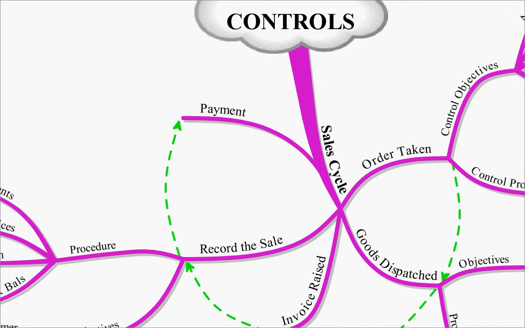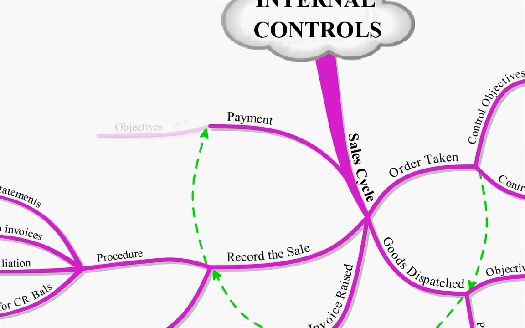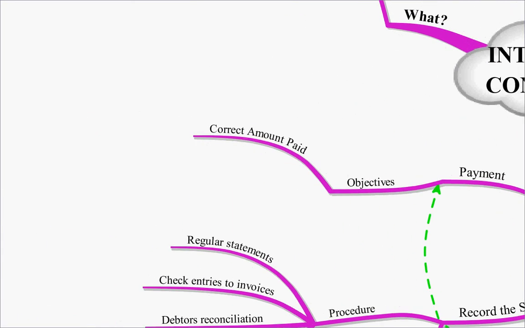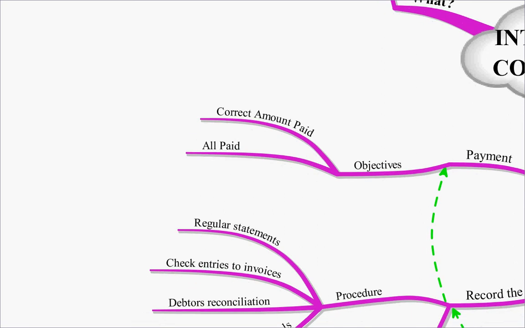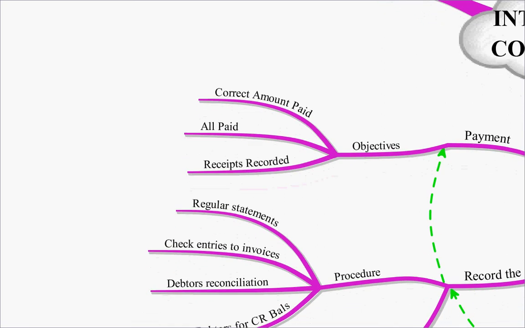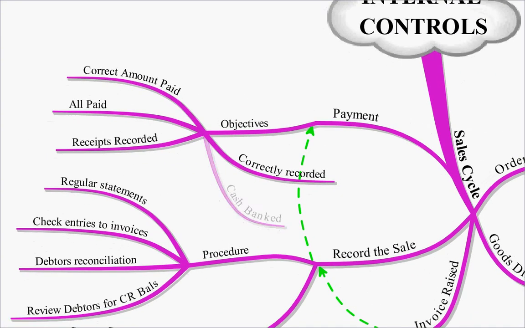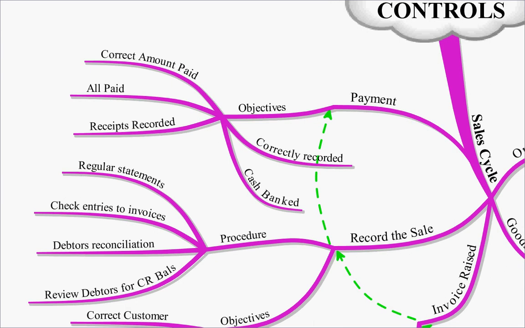Lastly then, we're going to receive payment for the goods. Okay, the objectives when we're receiving payments are that the correct amount is paid, obviously, that everything is paid, that all the receipts are recorded, also that they're correctly recorded, and that all the cash is banked.